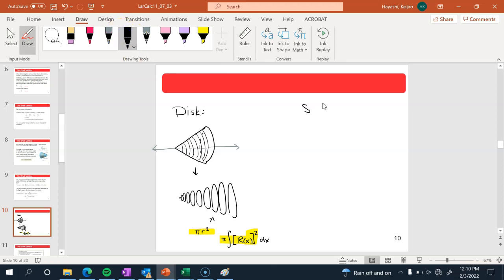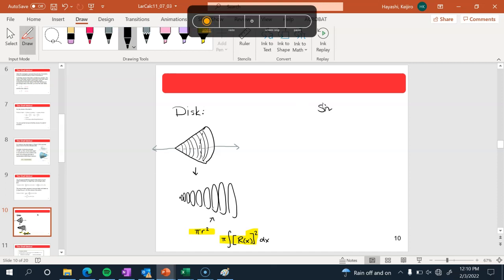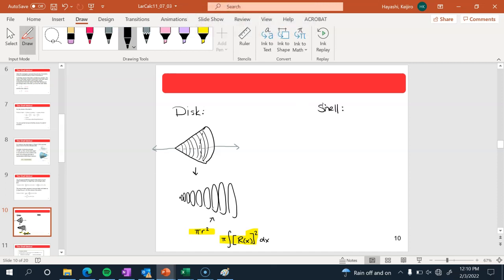With the shell method, you're breaking it down into a different kind of shape. I'll just draw it again. You're still breaking down a cone, or any given shape, but how you're breaking it down is just very marginally different.